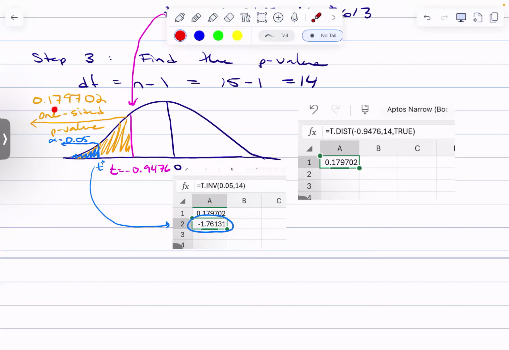We prefer the p-value approach, attaching probabilities to sample statistics. It just sounds a little bit more formal. If this T is beyond that critical value of T, then the area in the tail is less than 0.05. You can use either, but I prefer that you use the p-value approach.